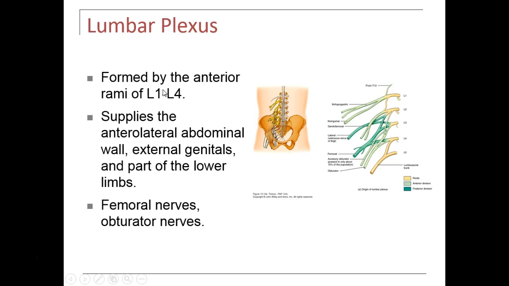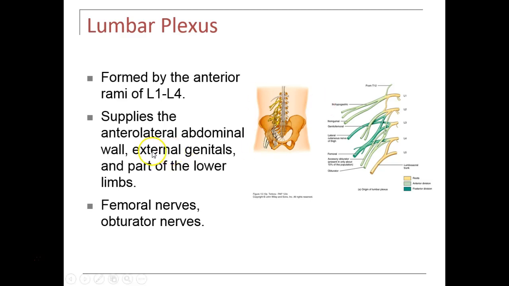Now, the lumbar plexus is formed by the anterior rami of L1 to L4. So lumbar nerve number 1 to lumbar nerve number 4. And these nerves help supply the anterior and lateral portions of your abdominal cavity, your wall, and the external genitalia, and the lower parts of our body, which includes our legs, our lower limbs.